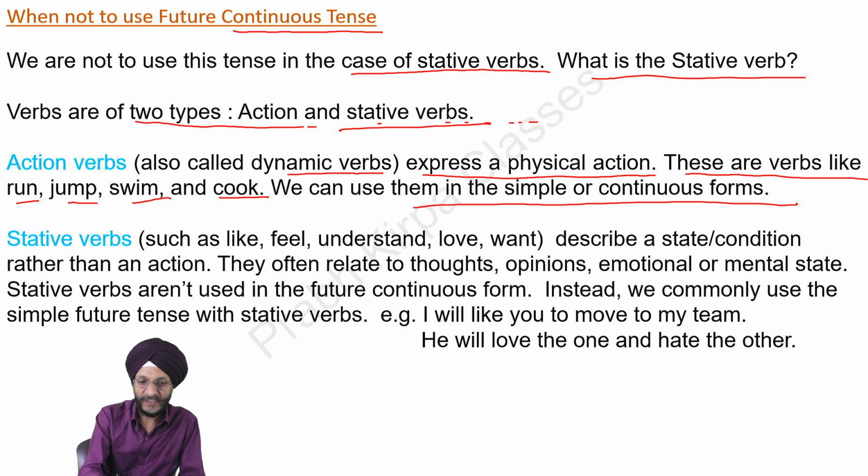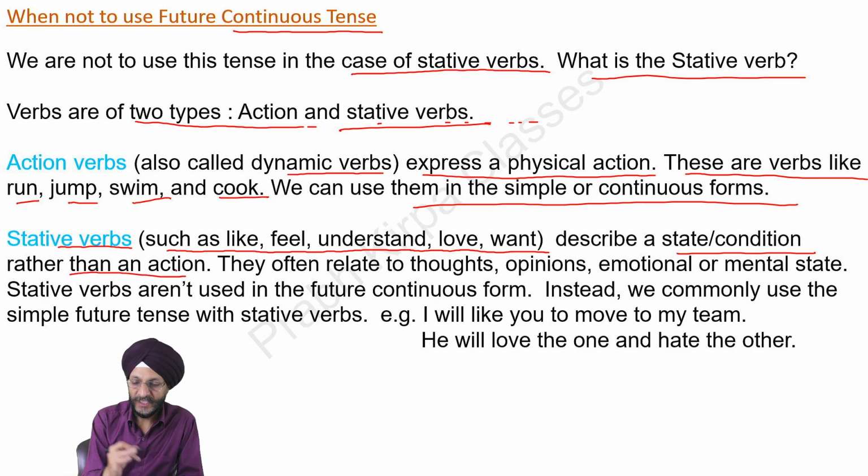However, there are other verbs which are known as stative verbs. Examples are like, feel, understand, love, want. These verbs describe a state or condition rather than an action. That is, no action is involved. These represent only a state or a condition.